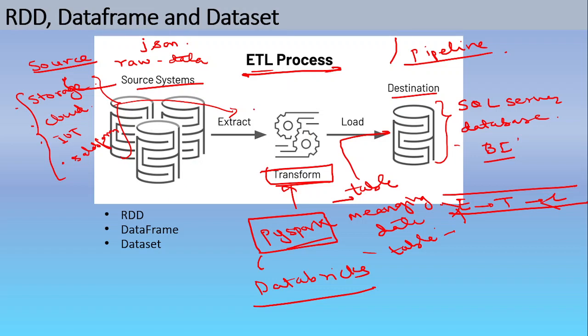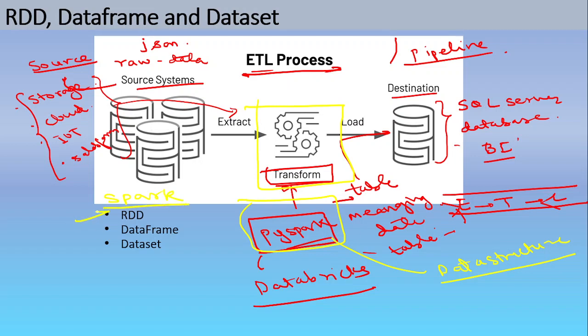Now when we focus on transform, for transforming in PySpark we need a data structure. To understand in layman's language, we need a data structure. In Spark, there are three basic data structures.